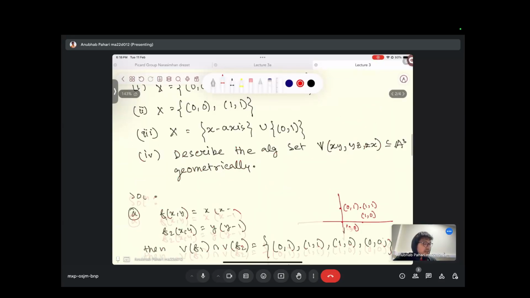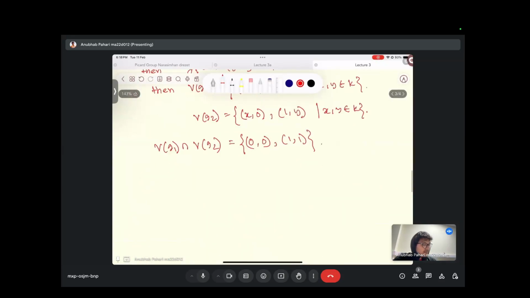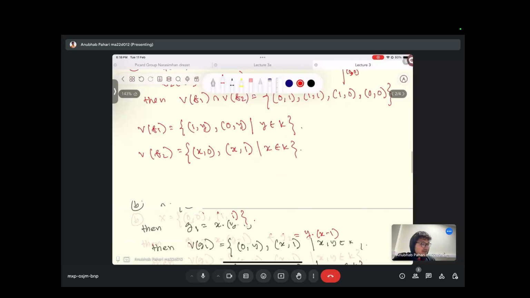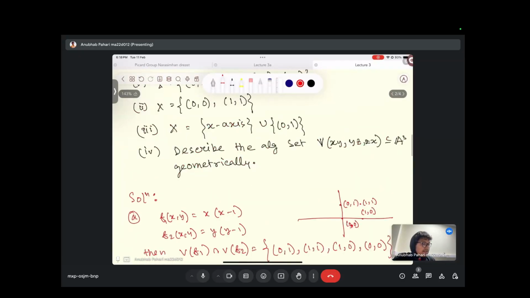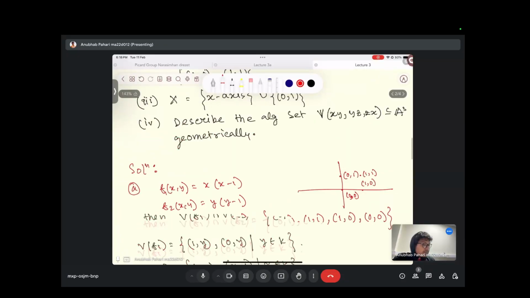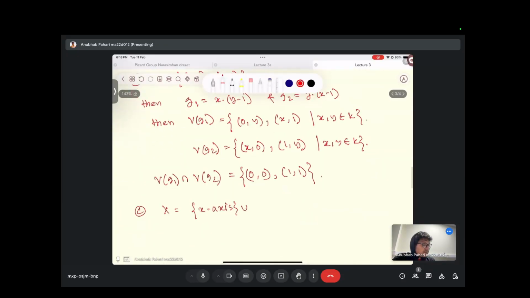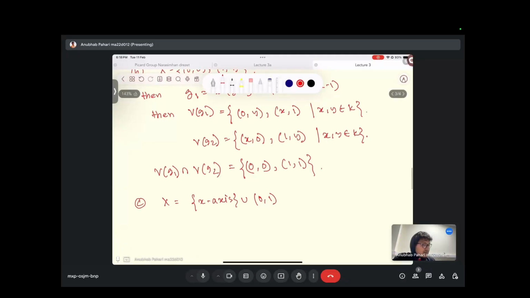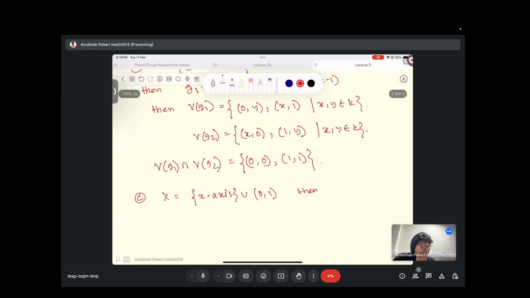Now for the third case, where X is the x-axis union (0, 1), which is a singleton set.